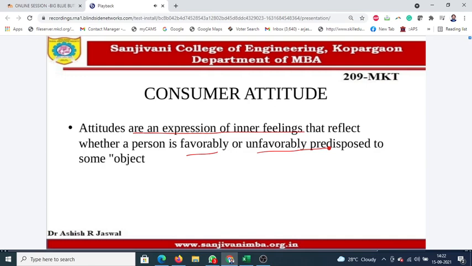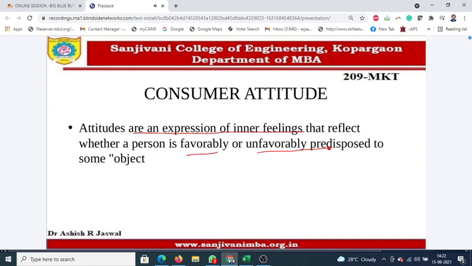In short, attitude is reflective of a consistent, favorable or unfavorable feeling that a consumer forms as a result of evaluation of an object or product or service or any component of the product mix.